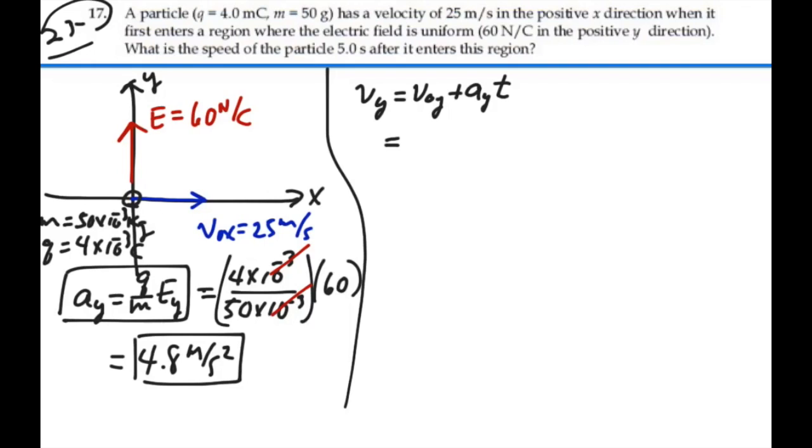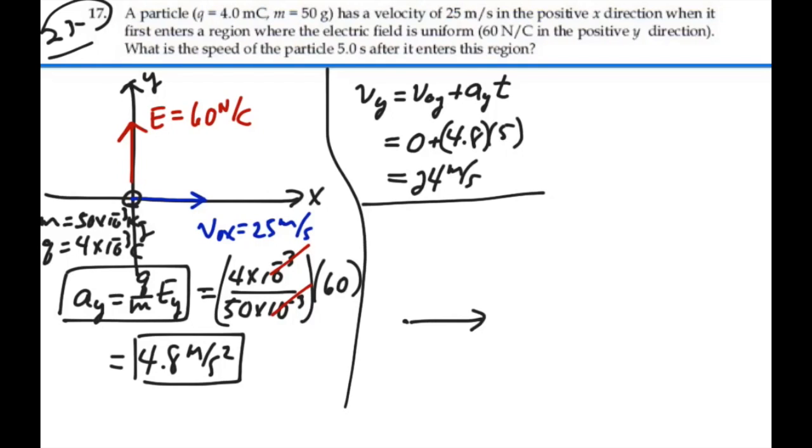That's going to equal our initial velocity in the y direction, which is 0, plus 4.8 times 5 seconds, which will give us 24 meters per second. So after 5 seconds we're still going with an x velocity of 25, and at that moment our y velocity is 24.